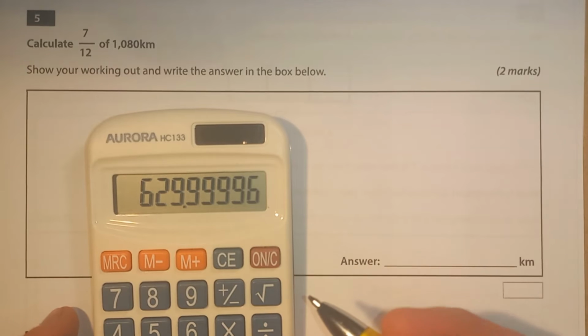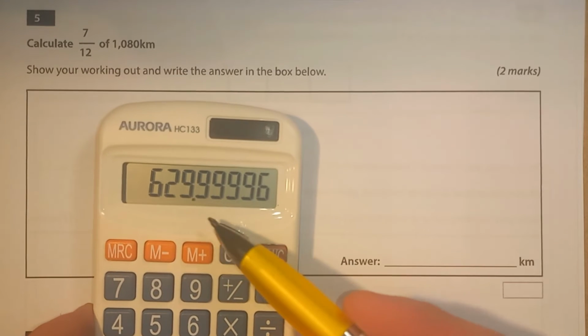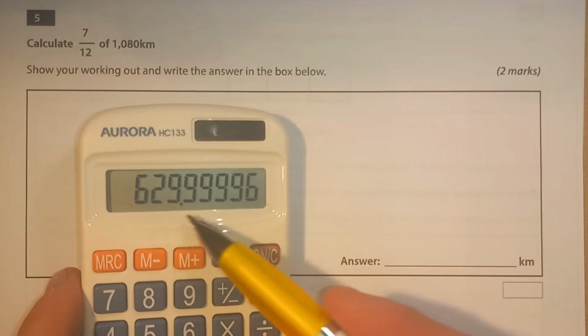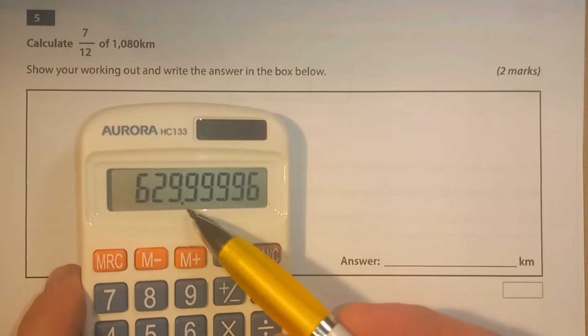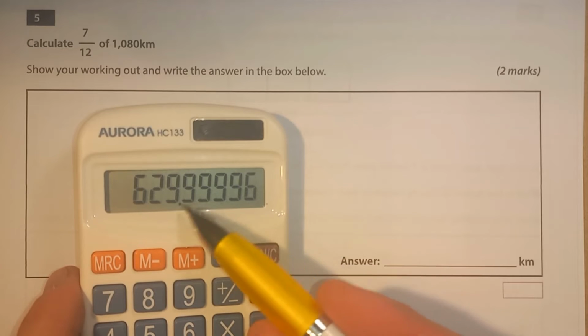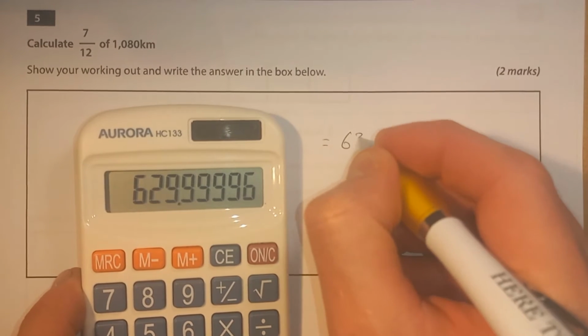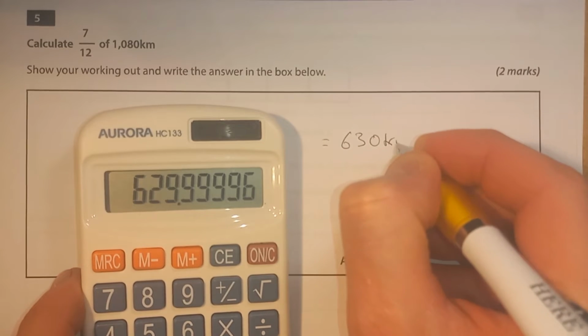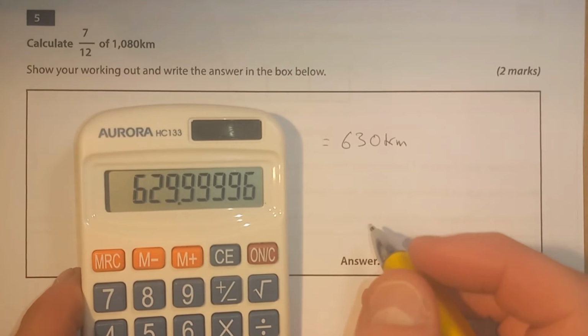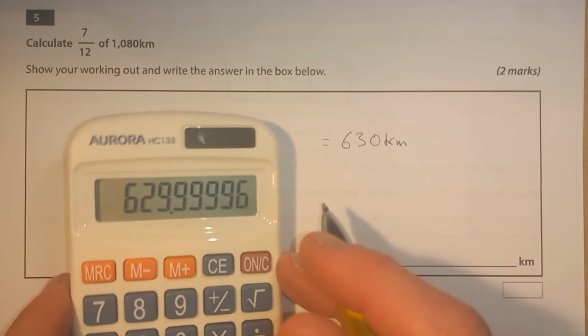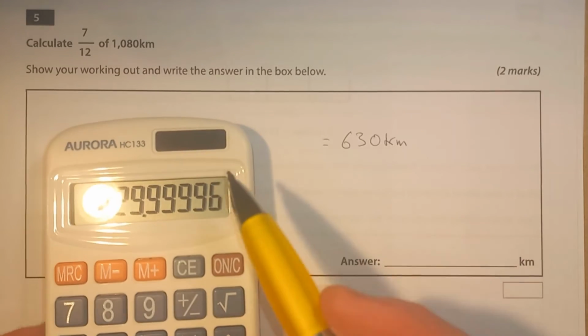If you're using a simple calculator like this, then it will give you a slightly odd answer that you're then going to need to round. So 629.9999. So we would need to round that up to 630 kilometers.